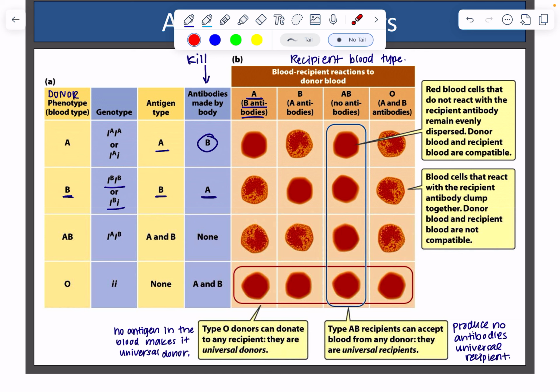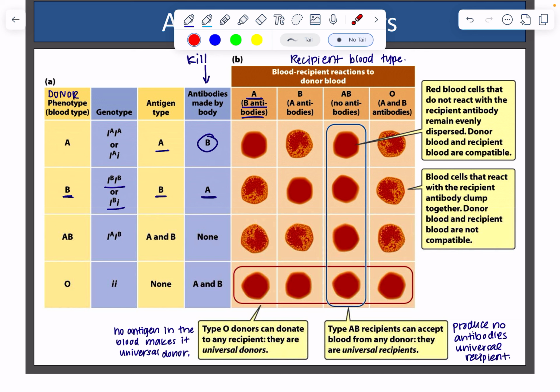Red blood cells that do not react with the recipient antibody remain evenly dispersed. Donor blood and recipient blood are compatible. Blood cells that react with recipient antibody clump together, and donor blood and recipient blood are not compatible. So you start to get clots when you mix things that aren't compatible.